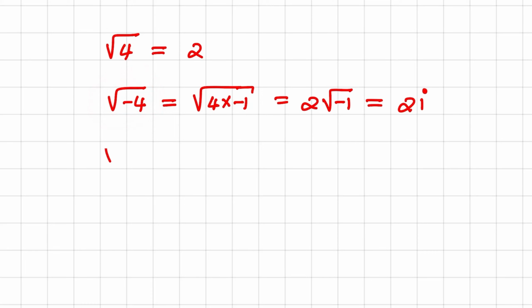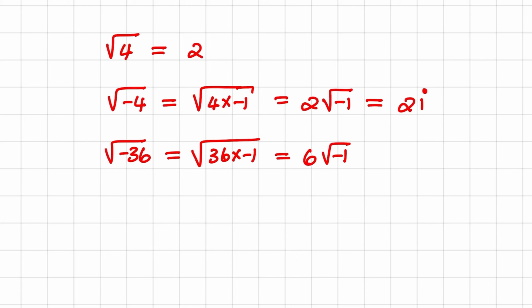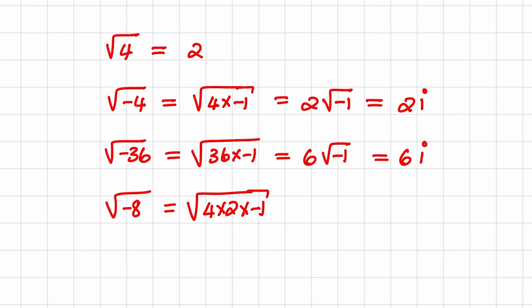So now what we are learning is that we can simplify a square root when it is negative. Another example is the square root of -36. That is equal to the square root of 36 times -1, which is equal to 6 times the square root of -1, and that is equal to 6i. How about the square root of -8? We can rewrite -8 as 4 times 2 times -1.